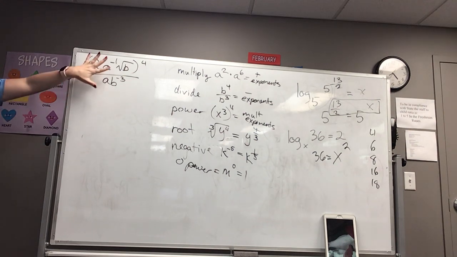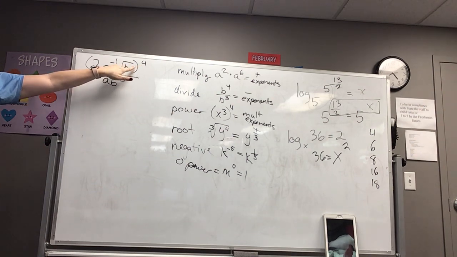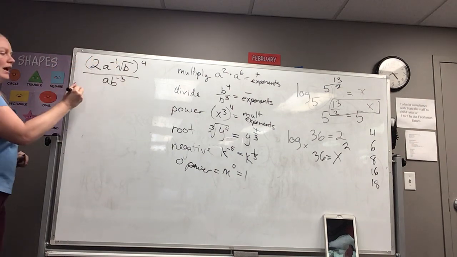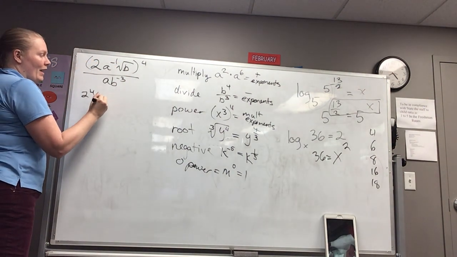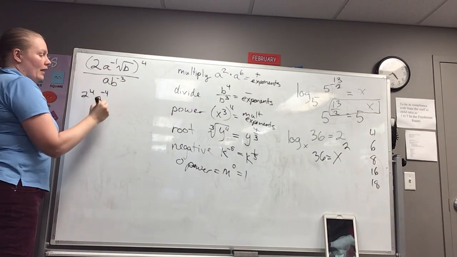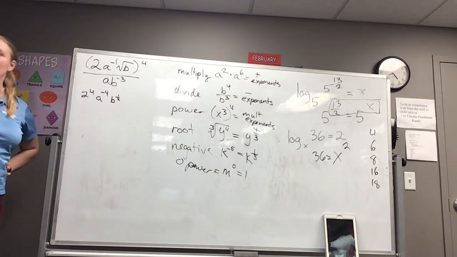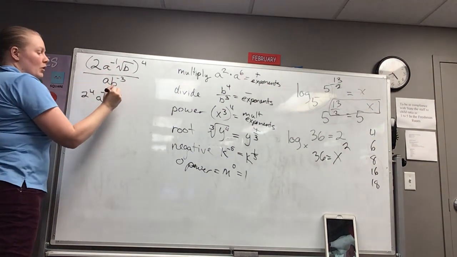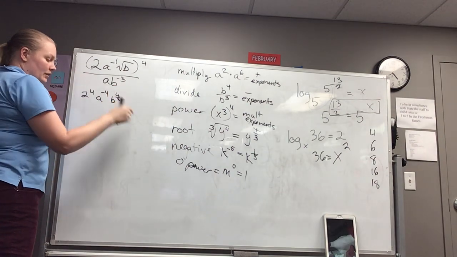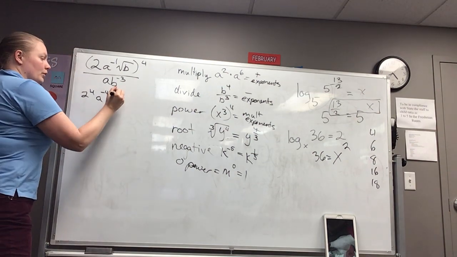In this, how many things does this 4th power apply to? Everything in the parentheses. So we have 2 to the 4th, we have a to the -1 to the 4th, which is -4, and this b is to the 1/2 because it's a root, and then we again multiply by 4, and 4 halves simplifies down to 2.